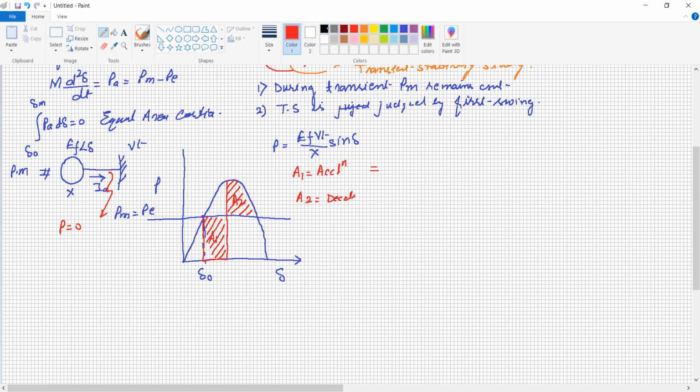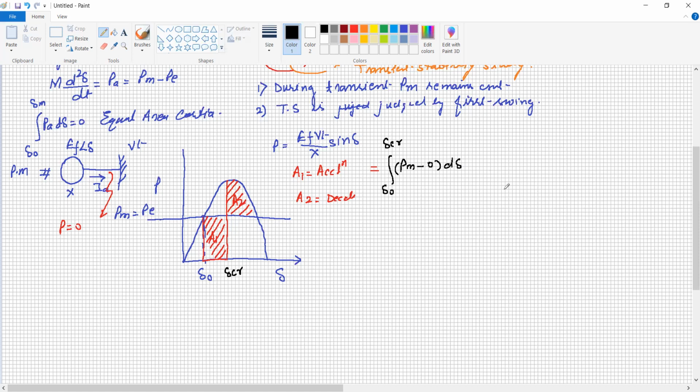A1 can be written as the integration from delta 0. Okay, it is from delta 0. So say this is delta CR, the critical value, at which we will have some comments over the critical value. The integral up to delta CR of mechanical input PM minus 0, d delta.